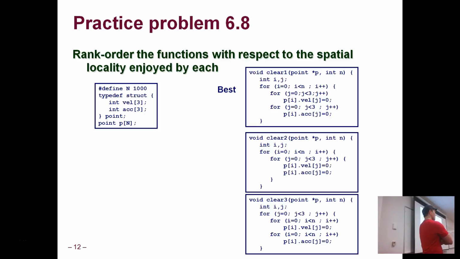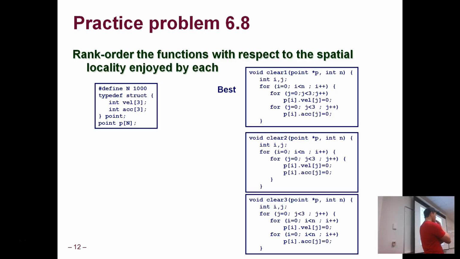So why is that one the best one? Because essentially, as you're going through your array, you have your array of structs, and then inside of that you have each tiny array for the velocity and acceleration that it's going through before it moves on to the next.